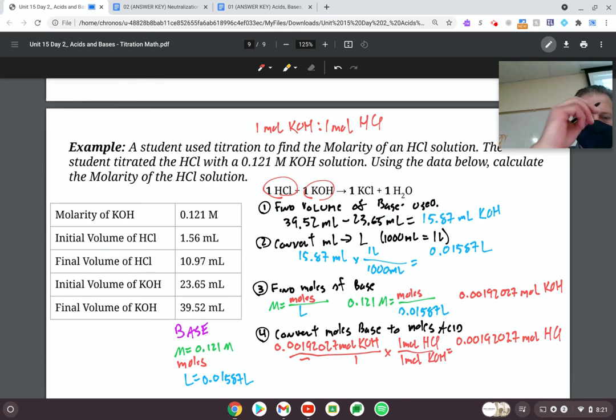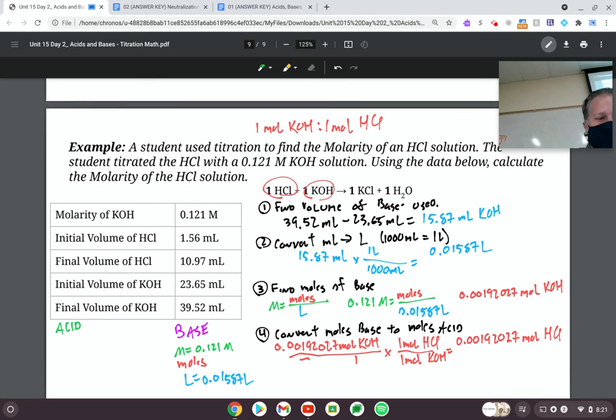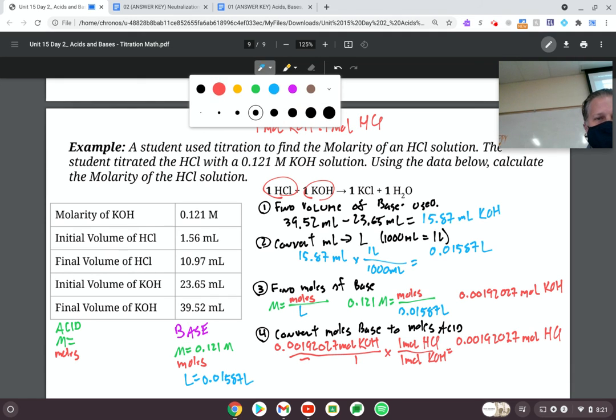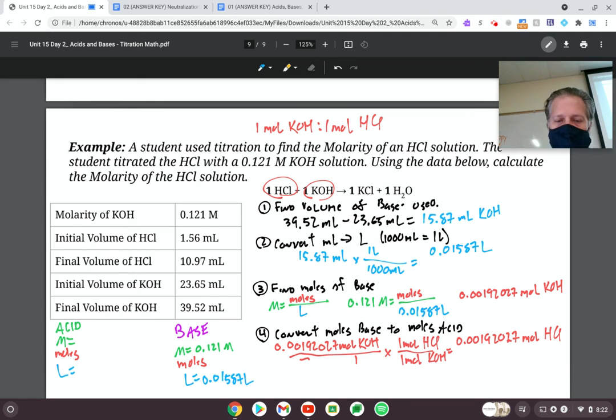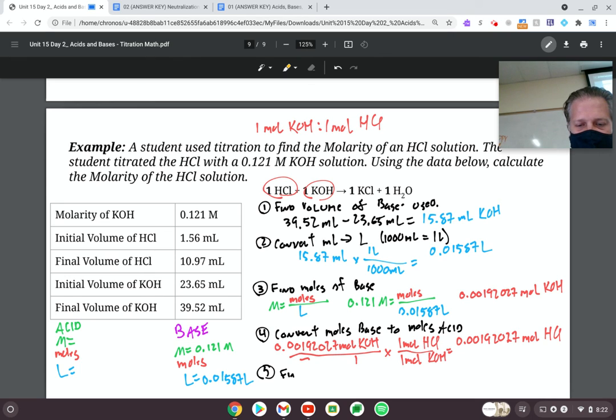Step 5. I guess we should probably figure out what we're doing with our acid over here. So here's my acid, and I know molarity and stuff, and I want to know moles, and I want to know volume. So in this instance, I have to figure out how much HCl was used. So we're going to find, in step 5, the volume of HCl used.